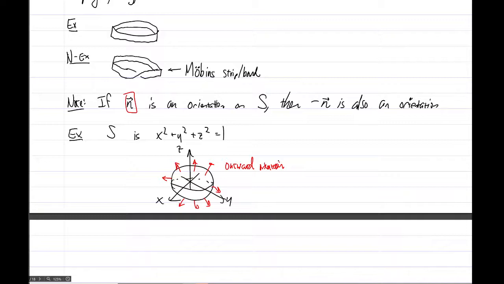None of that Tower of Pisa business. And if negative n is also an orientation, then if this one is n, then negative n would be the inward orientation. I know this sounds silly, but imagine all the arrows now pointing inward, like buildings of the same height that have been built into the ground.